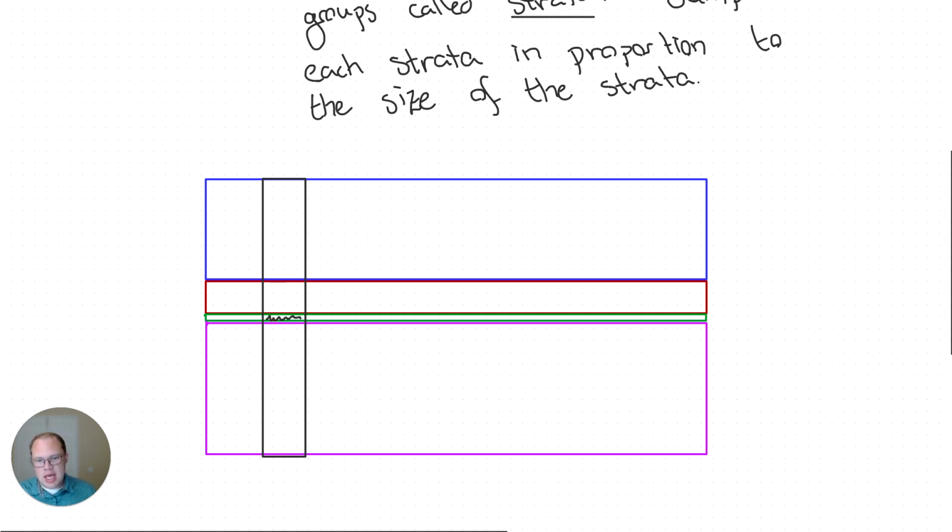This little section is just as small in the sample. It's easiest to think about it in percents. If this blue section is 25% of the population, then we want it to be 25% of the sample. If the red section is 10% of the population, we want it to be 10% of the sample. If the green section is 2% of the population, we want it to make up 2% of the sample. And so we are preserving that characteristic from the population in the sample.